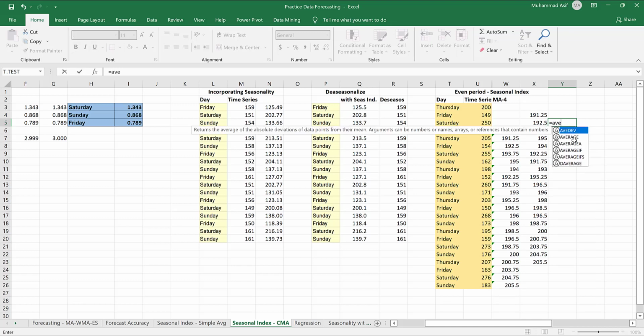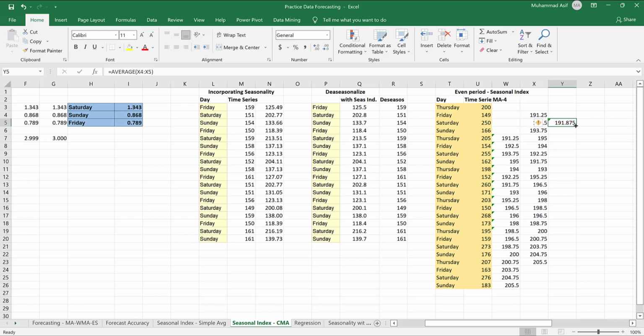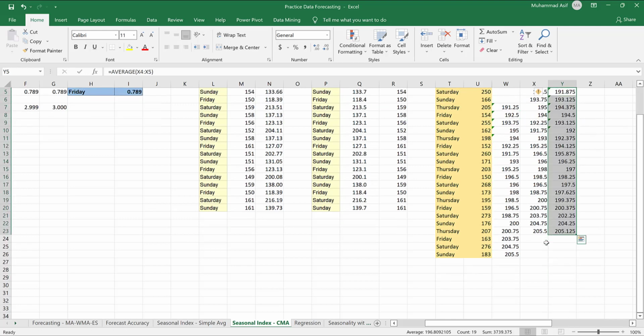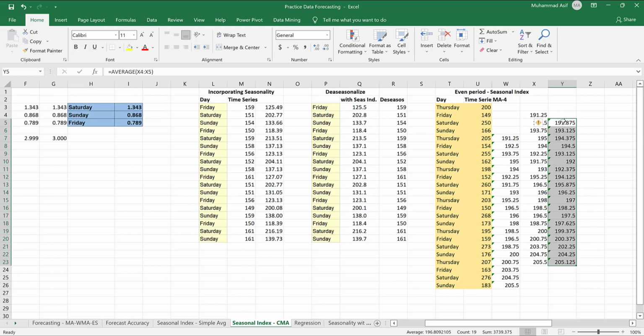The same pattern will be repeated next. This is equivalent to the centered moving average.